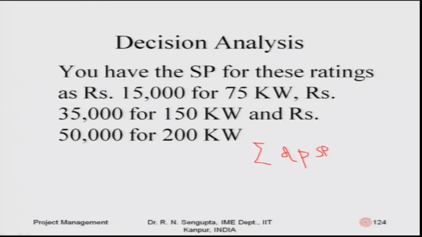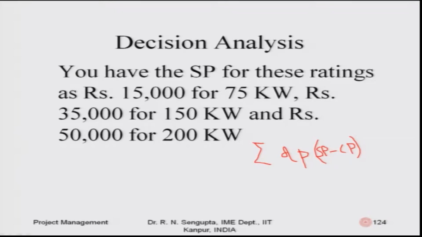Now, in this problem, let me go back. It will be selling price minus the cost price. This would be the cost price for each and every item which you are considering.